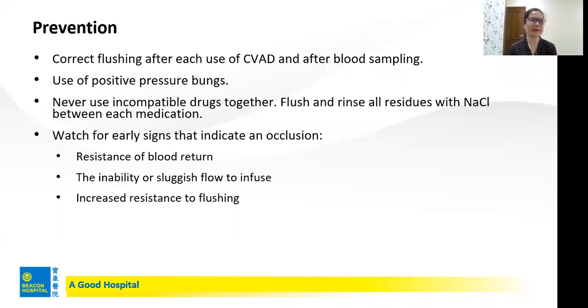Not necessarily rigidly sticking to only flushing with 10 ml normal saline followed by 5 ml Hepsal. No, if you realize there's an early sign of occlusion, you can even flush with 20 ml or 30 ml normal saline with your syringes. No need to stick to only 10 ml. Go ahead with more normal saline until you feel the sign of early occlusion being released, okay?